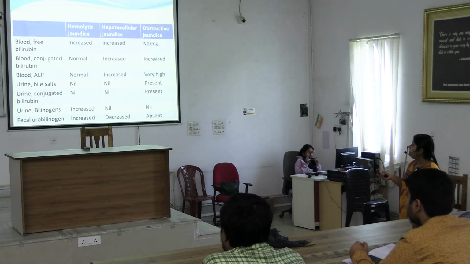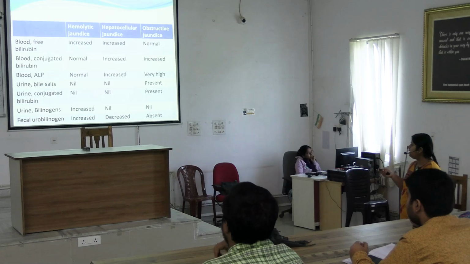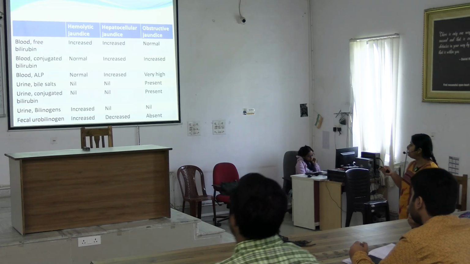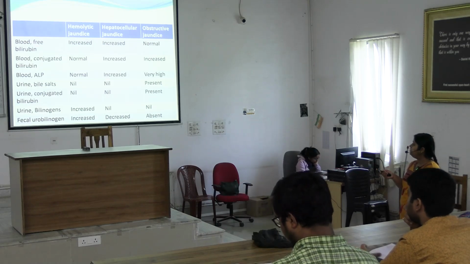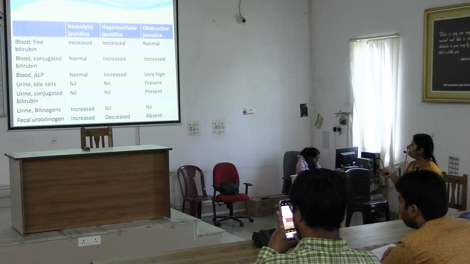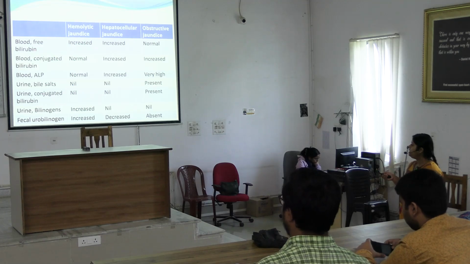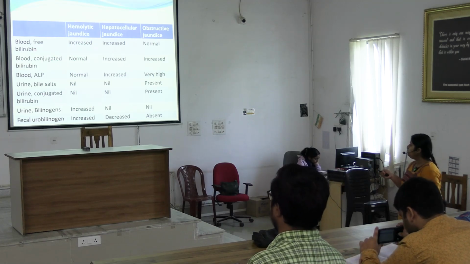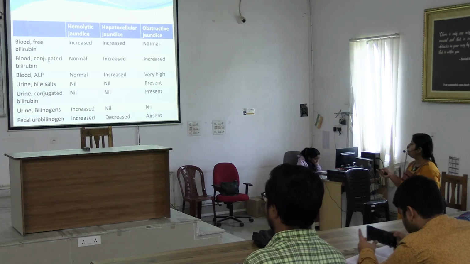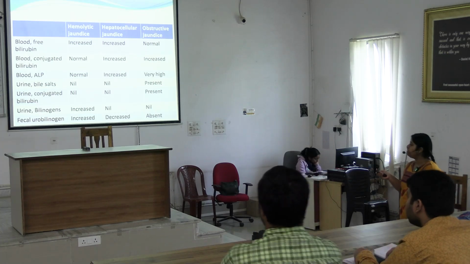Now this chart you have to remember: what are the findings and in which type of jaundice what will be found. Unconjugated will be high in hemolytic, whereas conjugated bilirubin will be high in hepatocellular and mostly in obstructive jaundice.